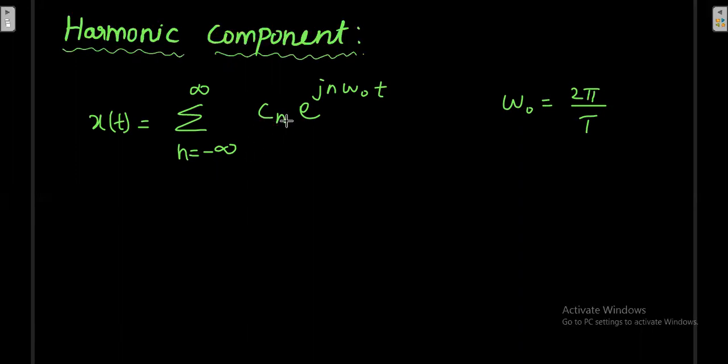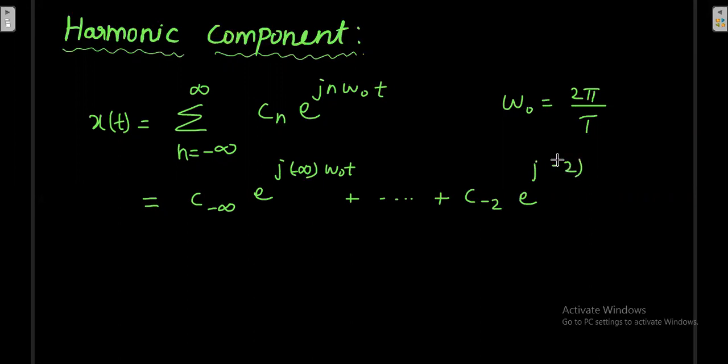If you expand this, we'll get c minus infinite e power j minus infinite omega naught t, and all the terms, finally c minus 2 e power j minus 2 omega naught t, and then c minus 1 e power j minus 1 omega naught t. Then the middle term, c0 e power j0 omega naught t.